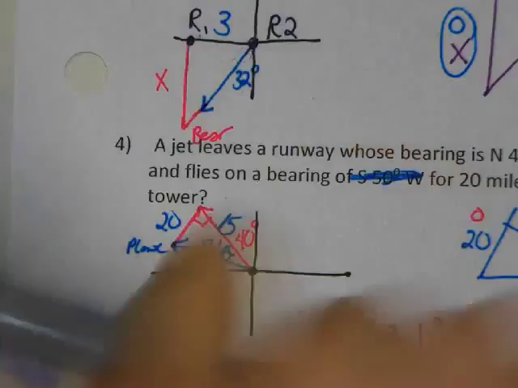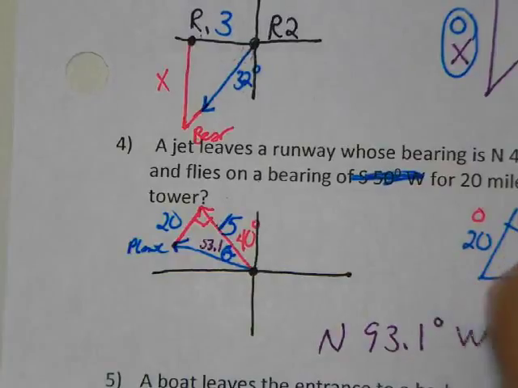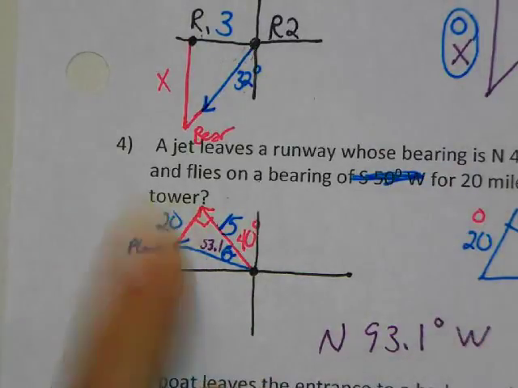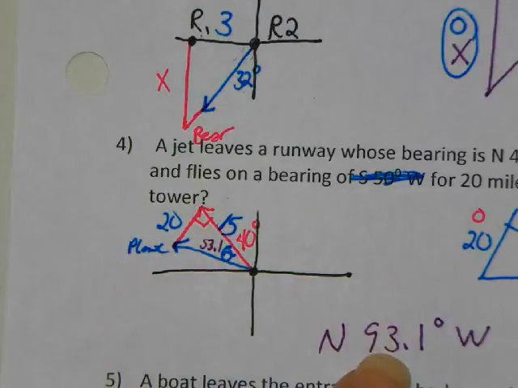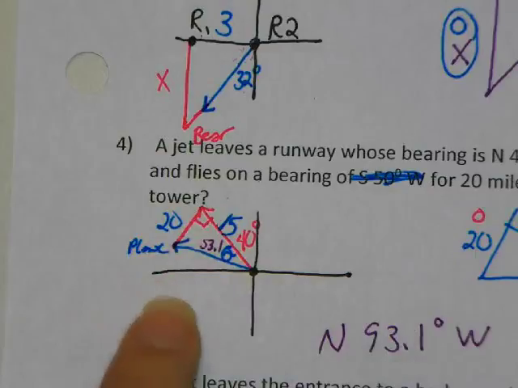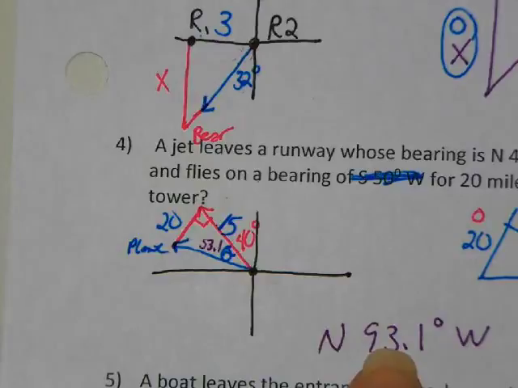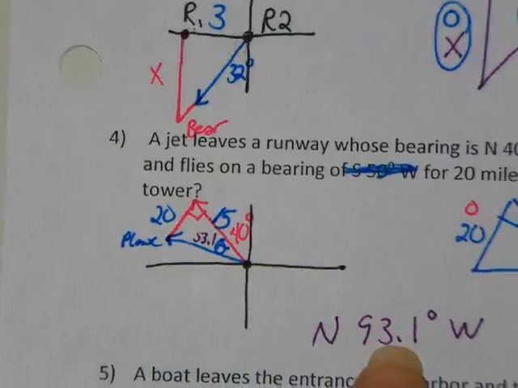But you know what? I've just found out that my picture wasn't drawn to accuracy. Because since this number is over 90 degrees, don't you agree that my plane is really down in this quadrant? This number should never be over 90. If it's over 90, then we know that we've sketched our picture wrong.